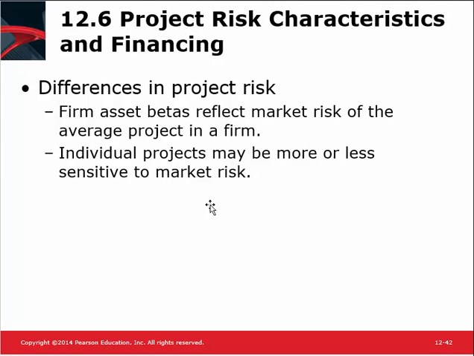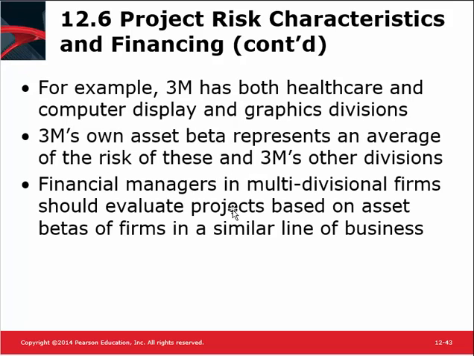What about projects that have different levels of risk? Asset betas represent market risk. Individual projects, though, may be more or less sensitive to the market risk. They may have different amounts of internal risk from what the company itself has.